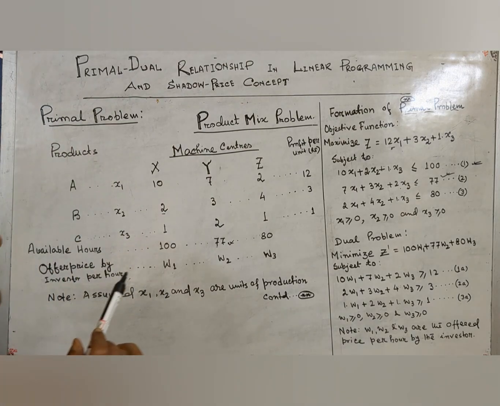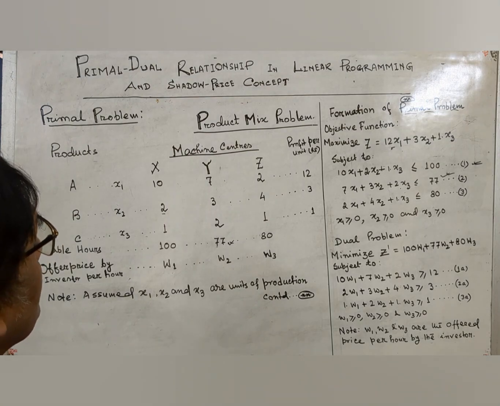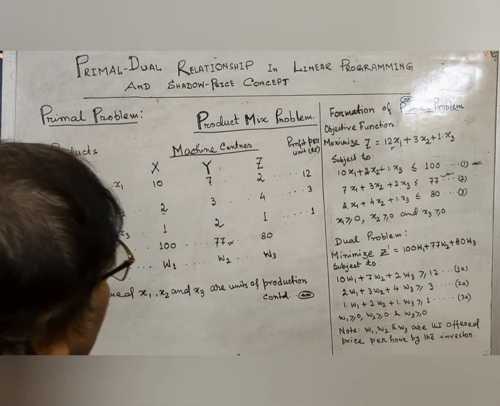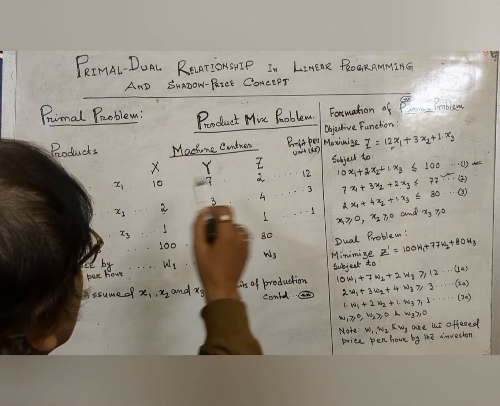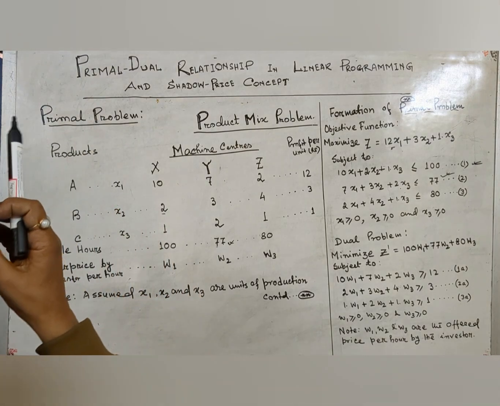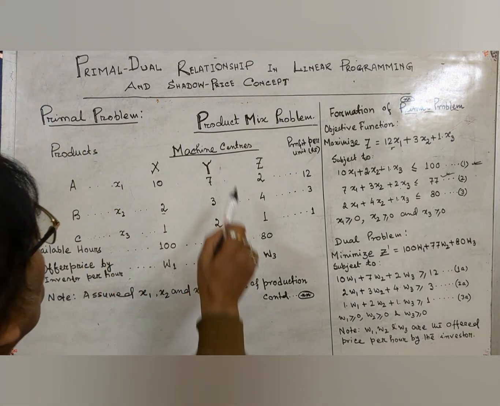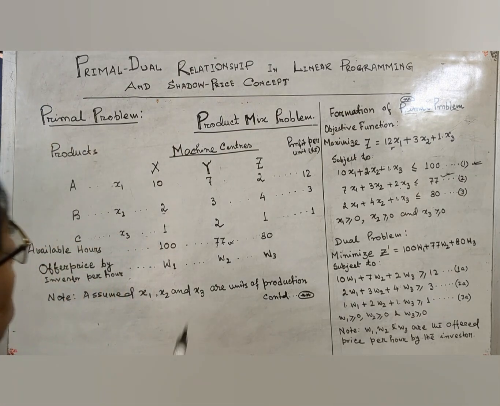Actually, that was the primal problem from the side of the manufacturer, but the dual problem is the same problem if we consider it from the side of the investor. Suppose one investor is coming, interested to purchase all the resources, that is, to invest in the project.